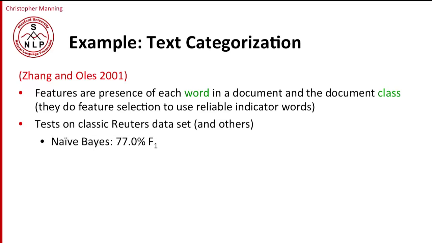And here are just some indicative results of what they find. So they build a naive Bayes model which gets 77% F1 across the different classes. And then they compare several discriminative classifiers. They build a linear regression model.